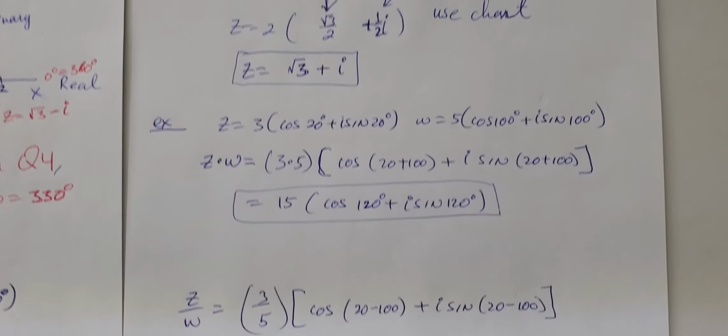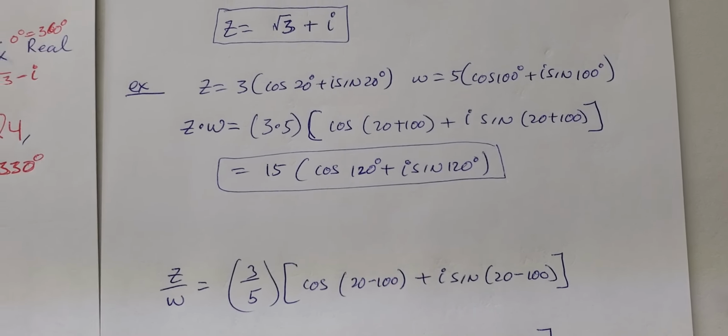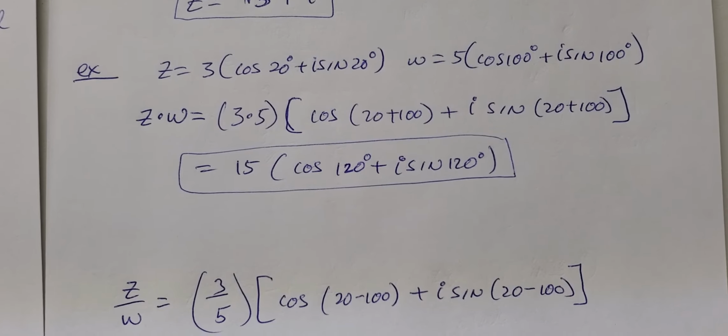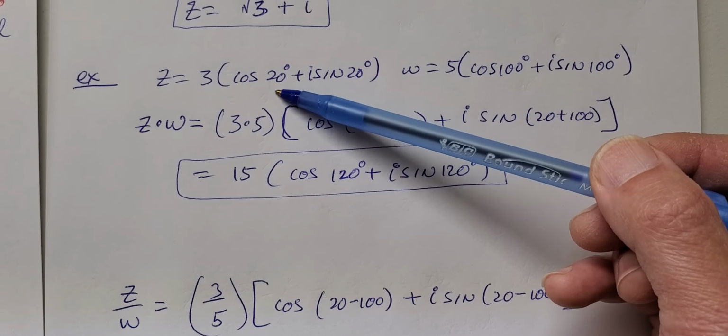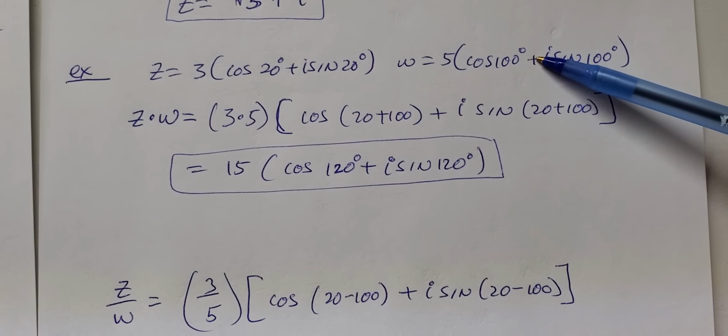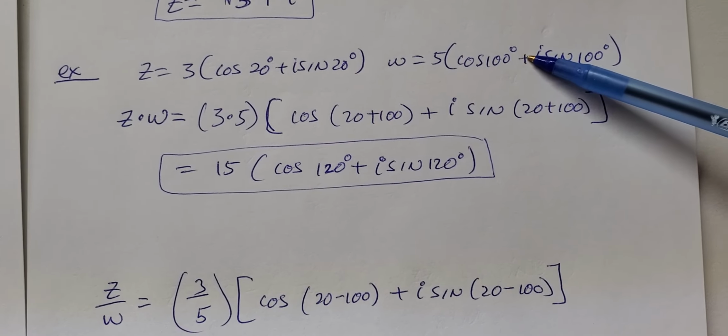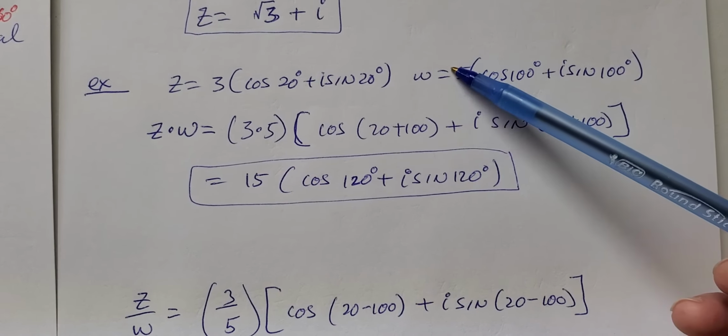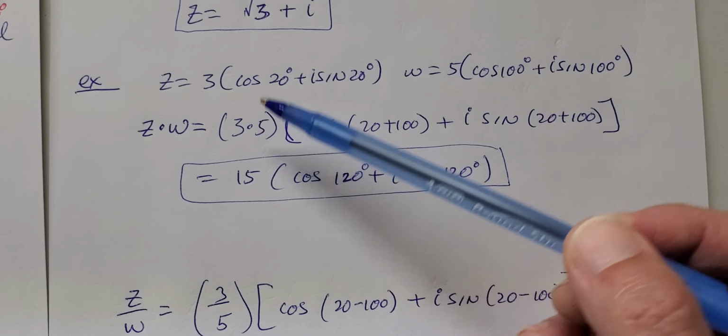Now we want to multiply and divide complex numbers in polar form. So here's an example for polar form, and here's another example for polar form. We want to multiply these two together. Very easy: 3 times 5.